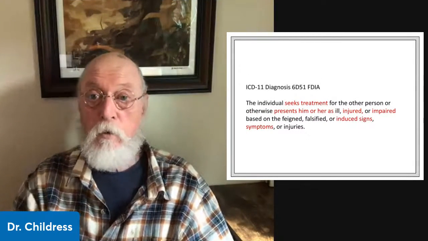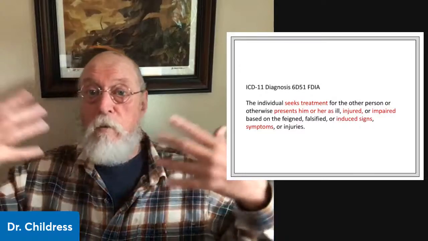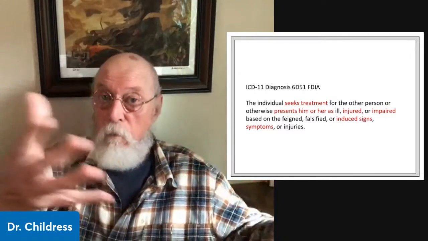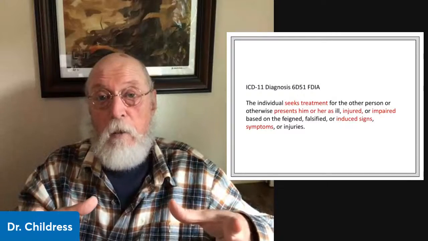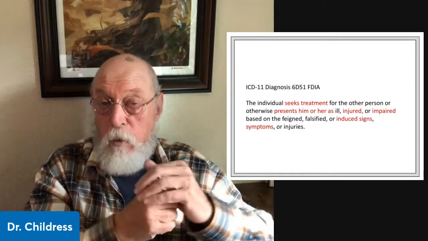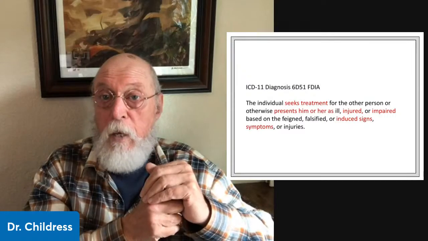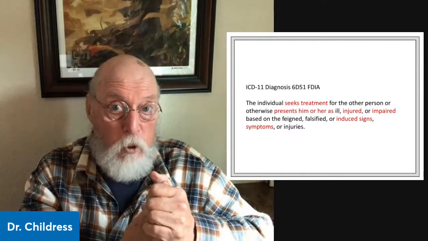So let's apply those. The allied parent seeks court interventions, seeks treatment from mental health professionals, individual therapists, and presents the child as being injured by the supposedly abusive parenting of the targeted parent and as impaired in their parent-child relationship with the targeted parent.